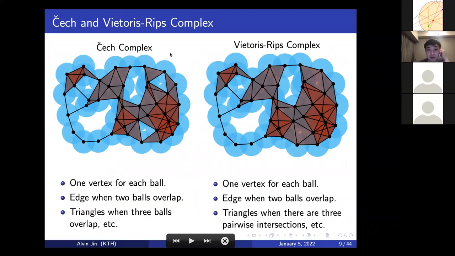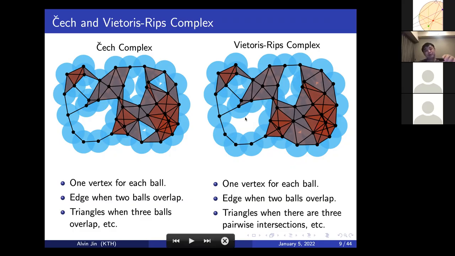The two common ones that people use in what we call applied topology are the Čech complex, which is what I was describing to you, and the Vietoris-Rips complex, which is slightly different in that you only look at pairwise intersections. For the Čech complex, you look at how many balls actually intersect.